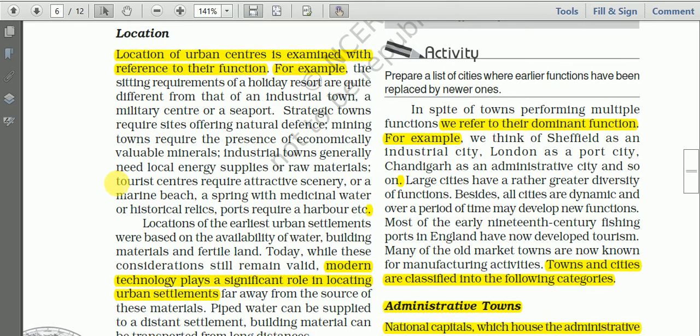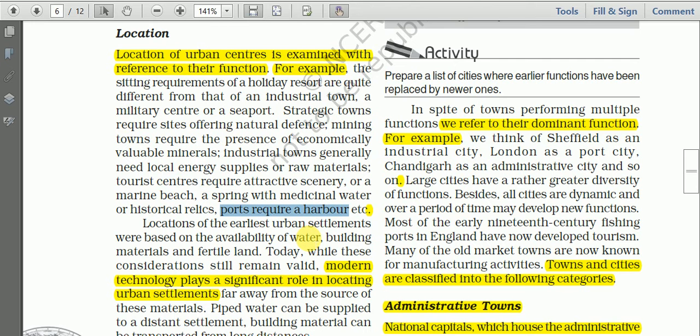Then tourist centers require attractive scenery or a marine beach, a spring with medicinal water, or historical relic spots, and ports require harbor.